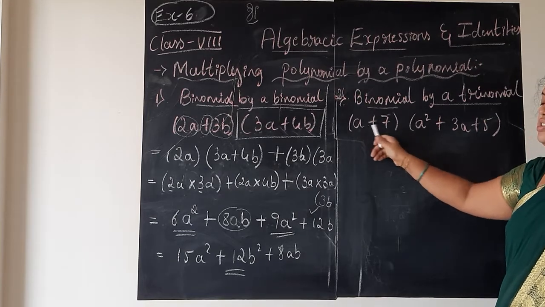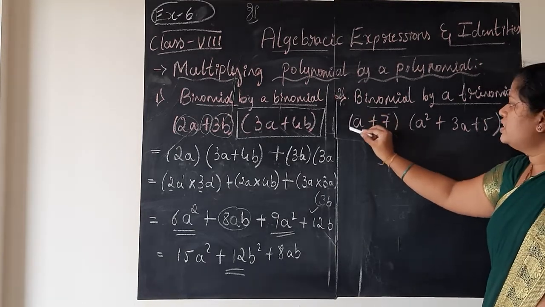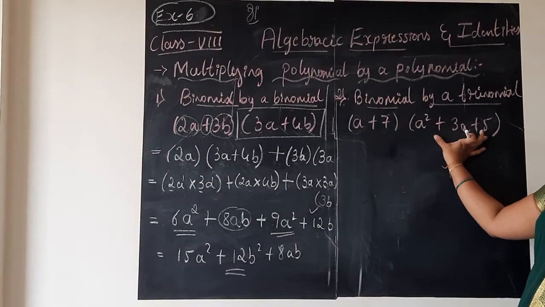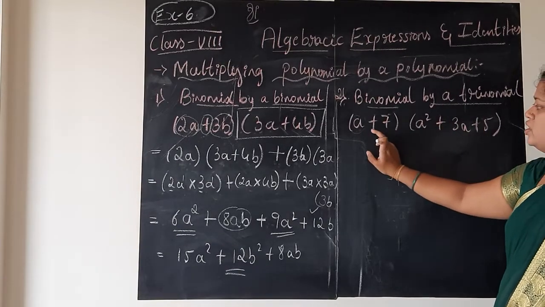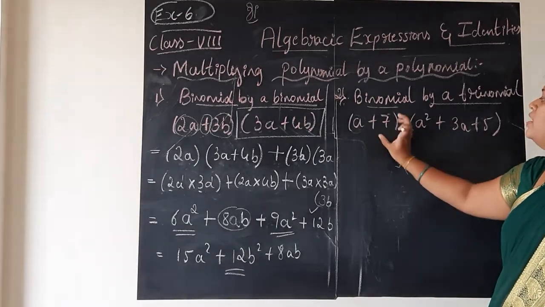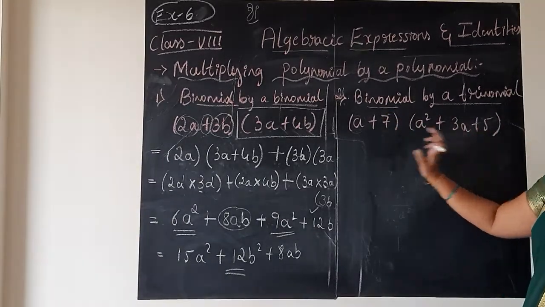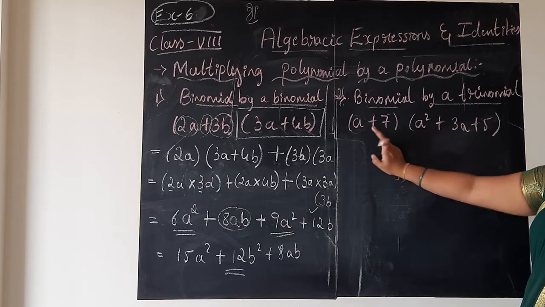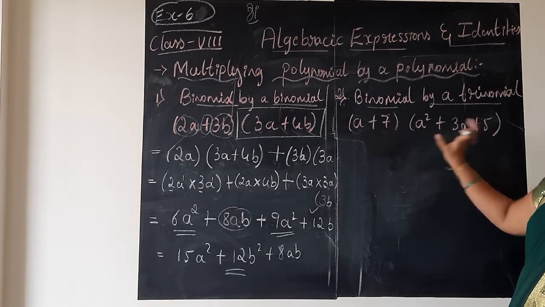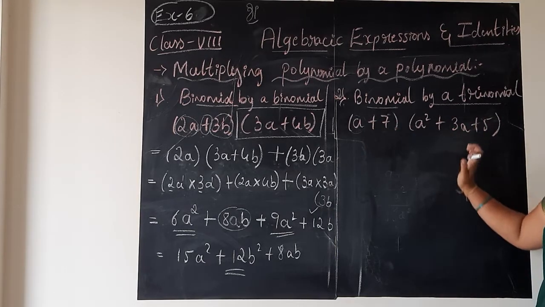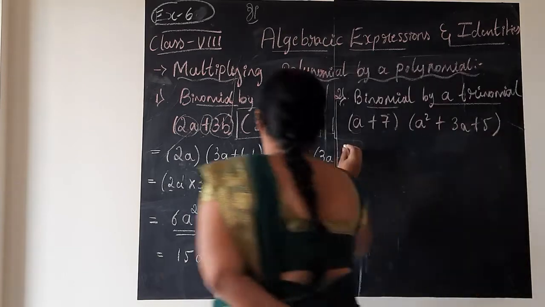Whenever you have the binomial, always consider the first term into this whole bracket, plus or minus according to the given question. Again, the second term of the binomial, 7, into the whole bracket. In this case, a into the whole bracket, plus is there, so plus 7 into this whole bracket of the trinomial. So we should write it now.